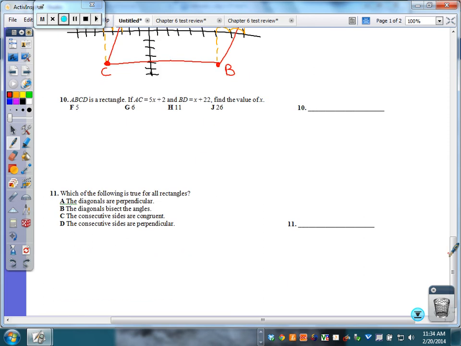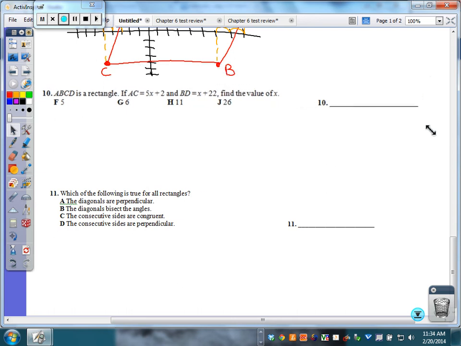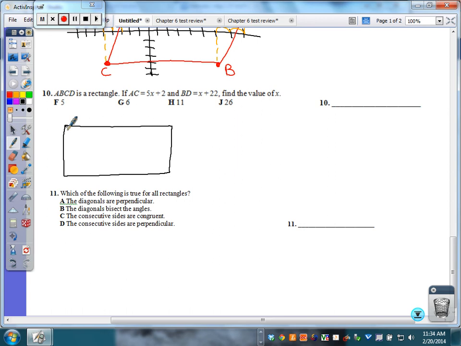All right, number 10. 10 again is going to be helpful if we go ahead and draw a picture for this. So we have a rectangle. All right, we're going to call it A, B, C, D. All right, and we're told that AC, which is a diagonal, is equal to 5x plus 2.